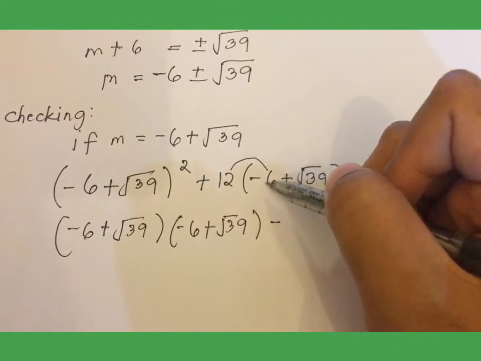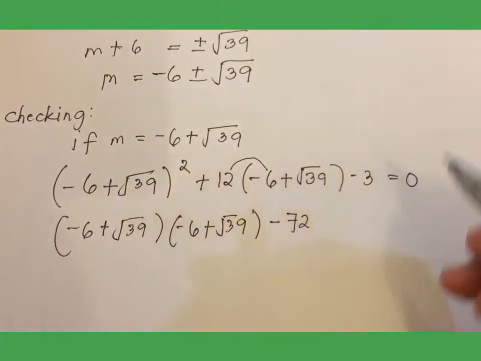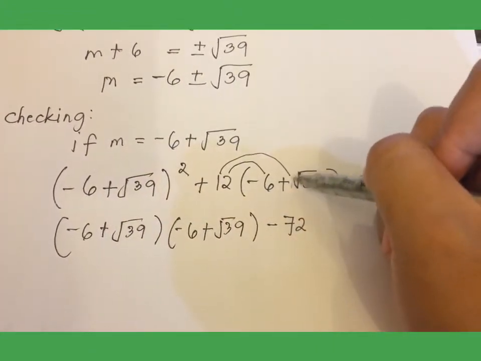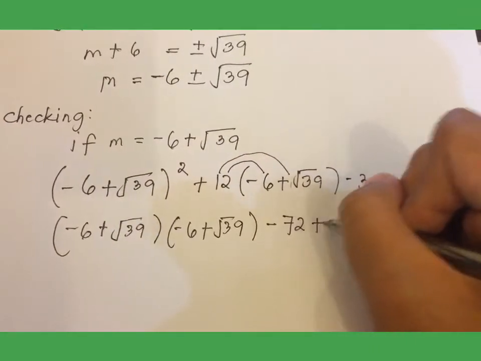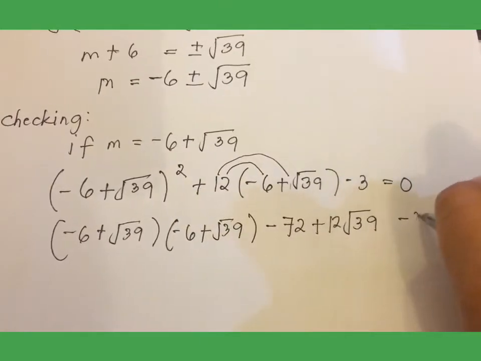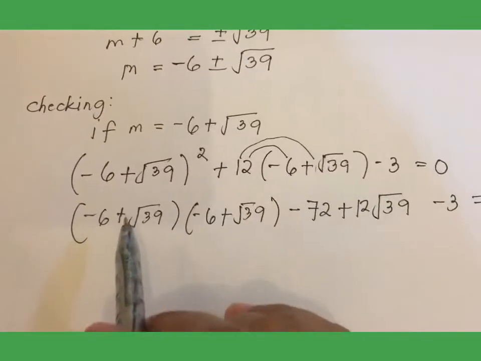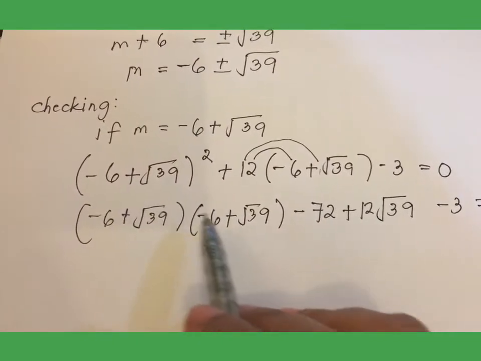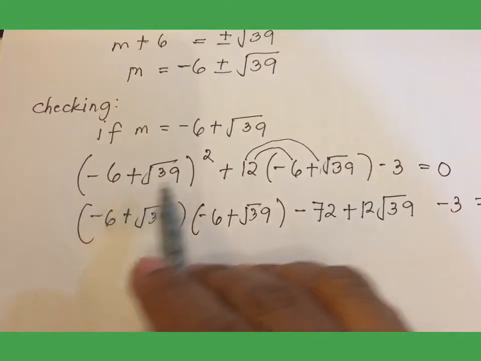Then I'm going to simplify the other term, applying the distributive property. 12 times negative 6 is negative 72. Then 12 times 1, because there is one coefficient here, is 12 square root of 39, minus 3 equals 0. Now, I didn't simplify the square yet, so this time we're going to apply the FOIL method.